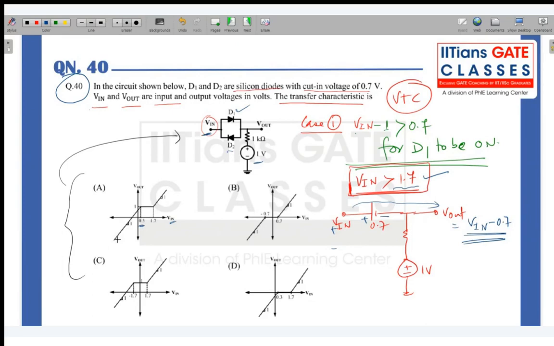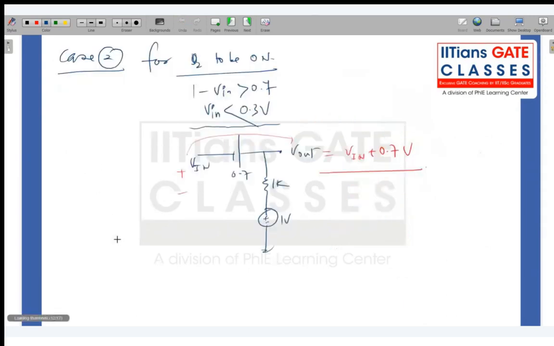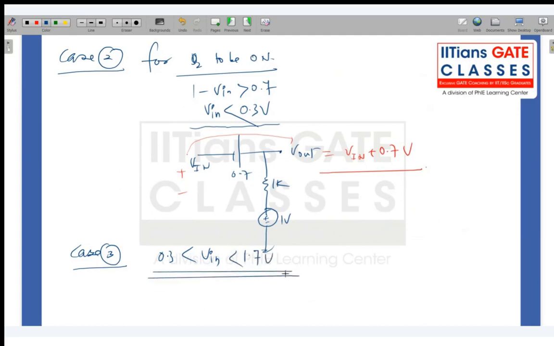That is case number 3. If your input is between 0.3 and 1.7 volt, then both D1 and D2 will be off. That you have to keep in mind.